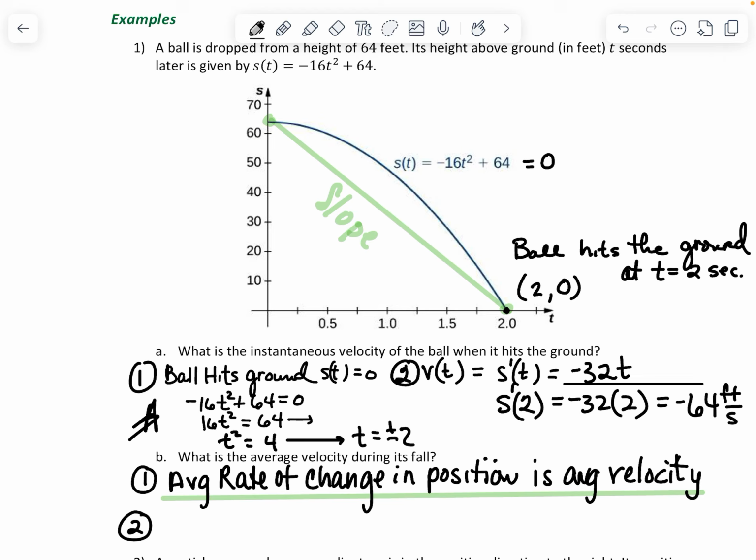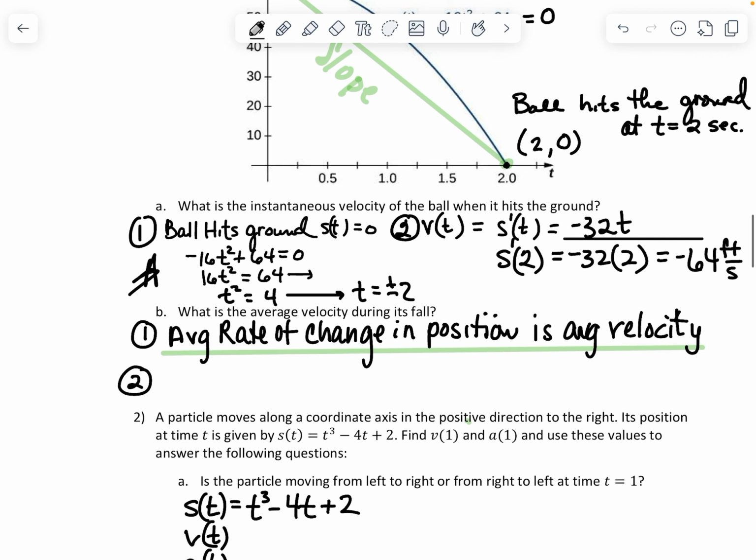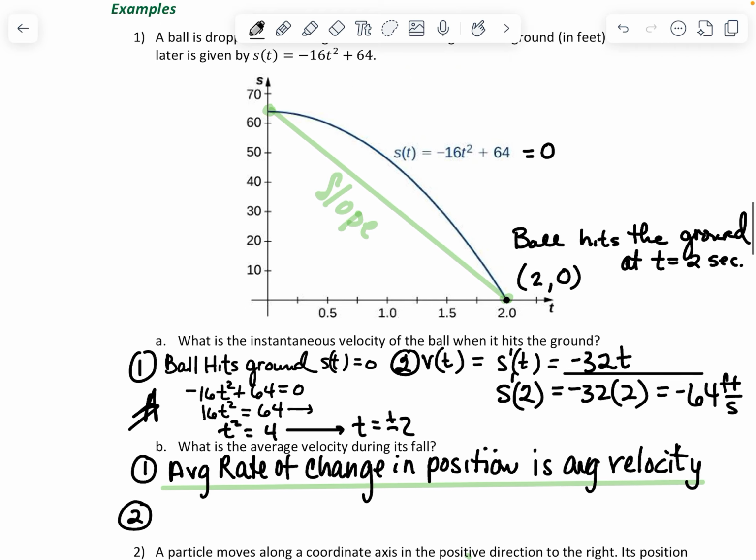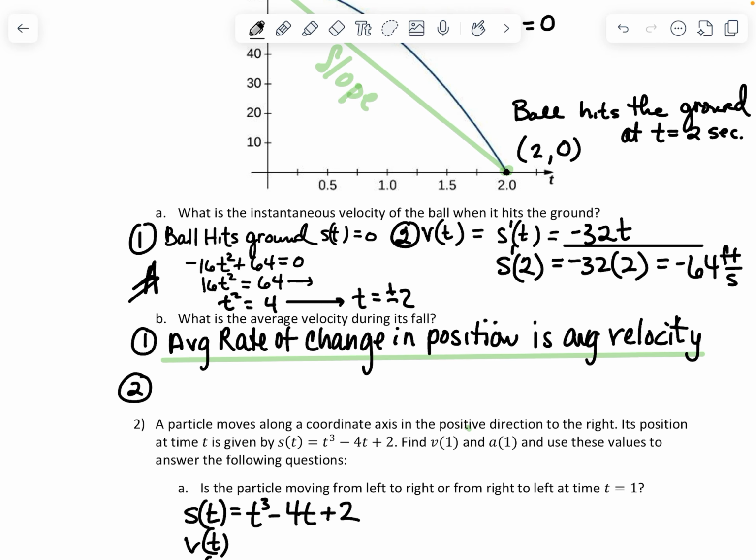So what is the average velocity for the first 2 seconds? You have your information already at hand. You have s of 2 minus s of 0, over 2 minus 0.